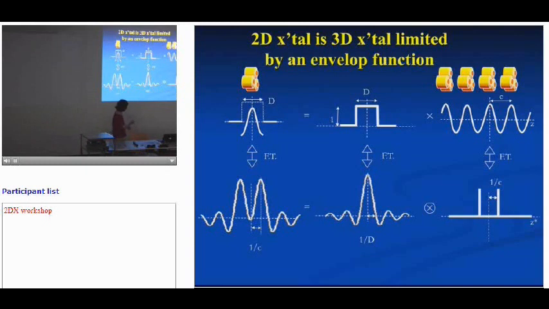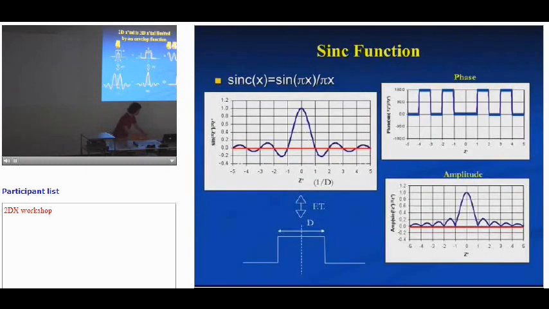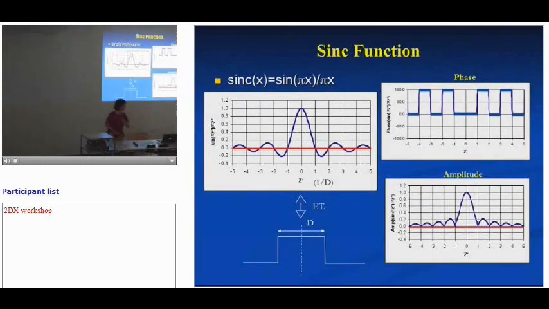So what does this one look like? That function turns out to be a sinc function. If you have a square wave and Fourier transform that into reciprocal space, you will end up with a sinc function.